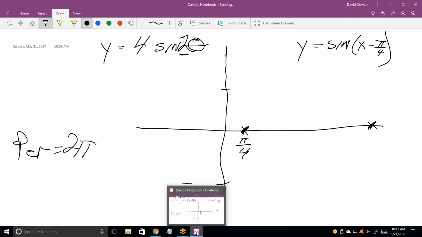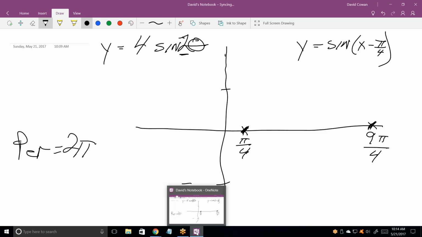So if you're starting at pi over 4 and you have a period of 2 pi, I'm going to say 9 pi fourths. There you go. 9 pi over 4 is 2 pi plus pi over 4. Now we got to quarter that up.